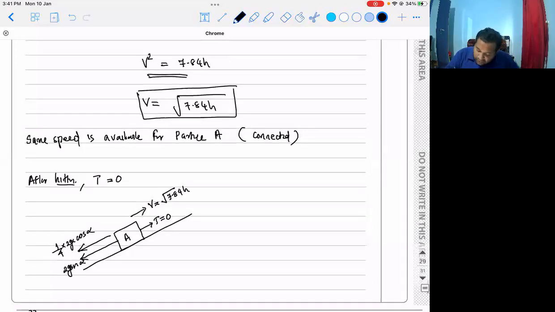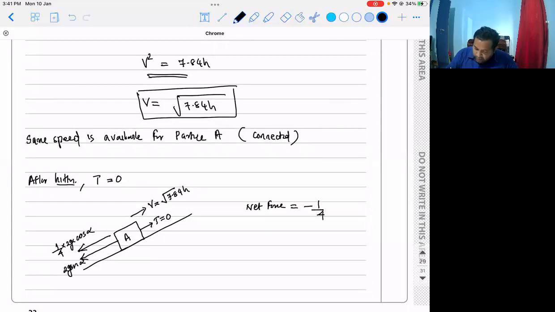So what is the net force? The net force after hitting on A is minus 1/4 times 2g cos alpha minus 2g sine alpha, and that is equal to mass times acceleration.